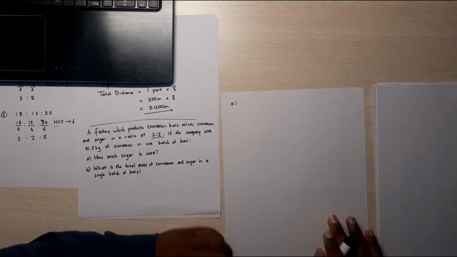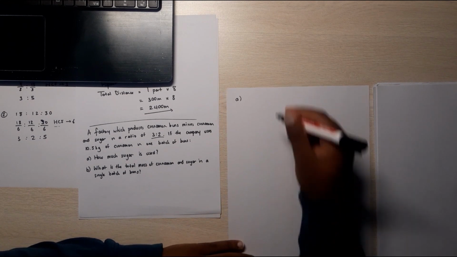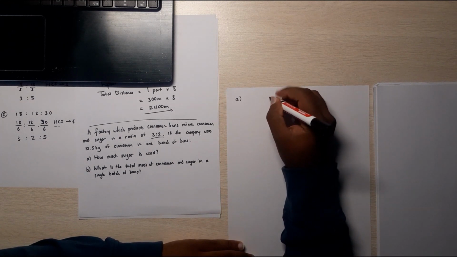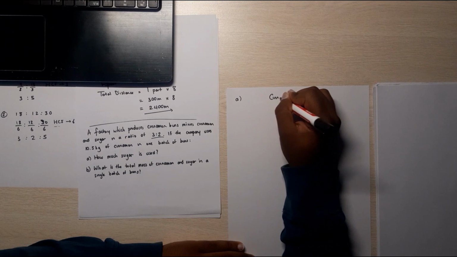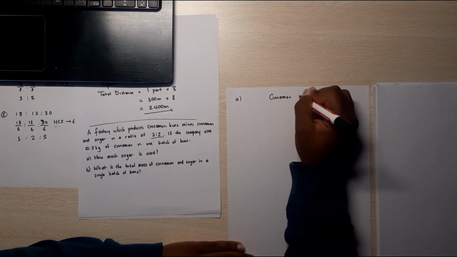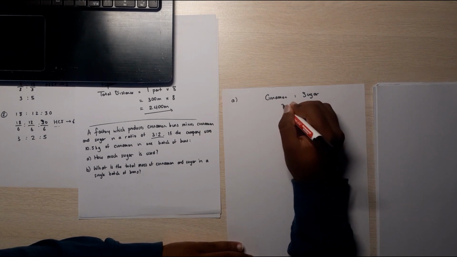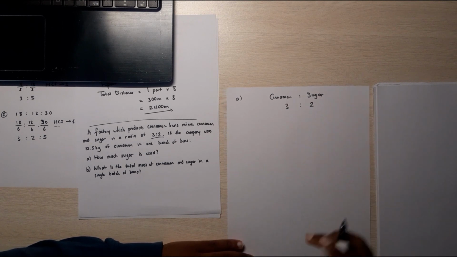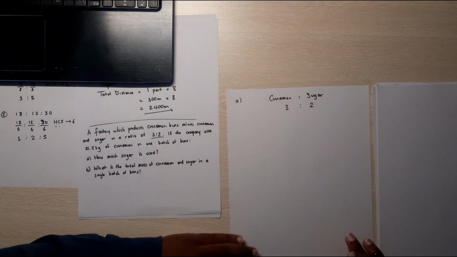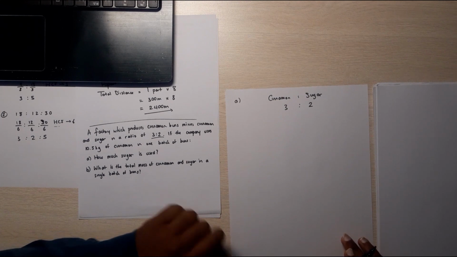A. So we know that the ratio of cinnamon to sugar is 3 to 2. Now, how much sugar is used?